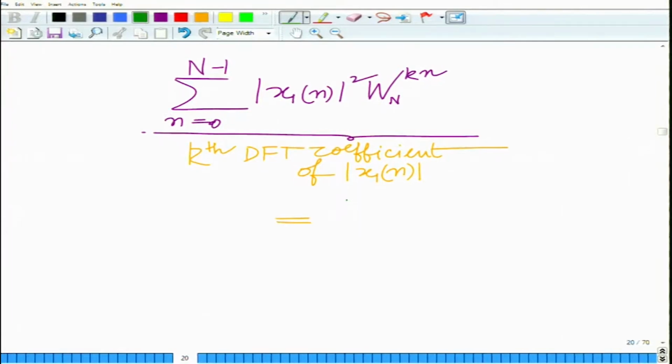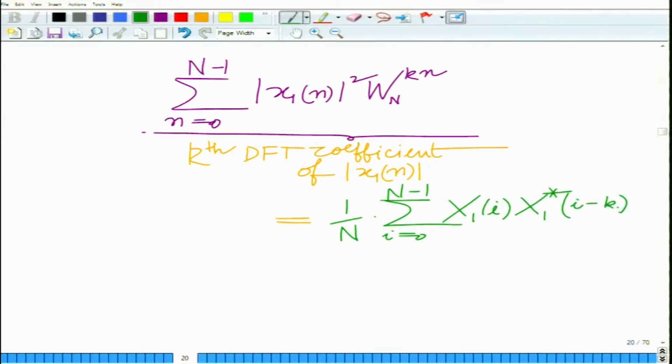And this is equal to, remember, 1 over N summation i equal to 0 to N minus 1 of X1(i) X1 conjugate of (i minus k).